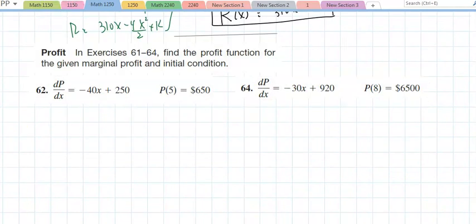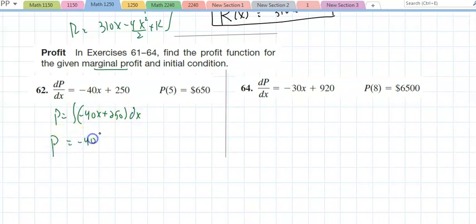If I wanted to figure out what the profit is, given the marginal profit, well, I could say the profit is the integral of negative 40x plus 250, the variable plus the fixed, with respect to x. The actual profit will be negative 40x, add 1 to the power, divide by that.